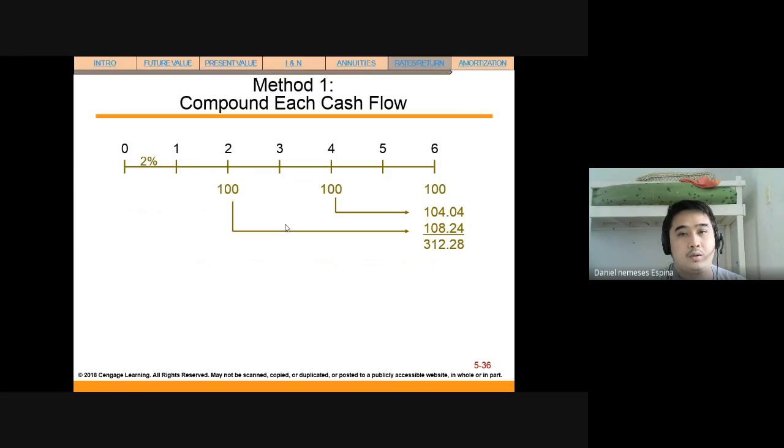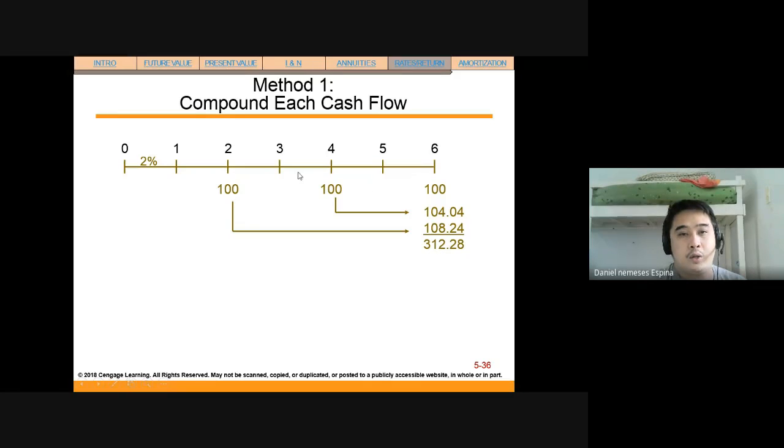Getting the future value, that's 100. So 104.04. How did we get that? That's 2%, and there are 2 compounding periods from 4 to 6, so 1.02 raised to 2.